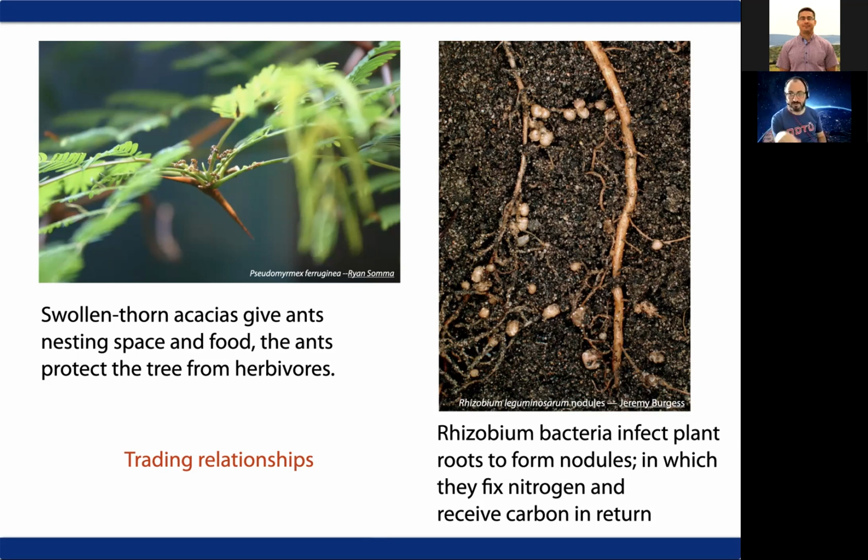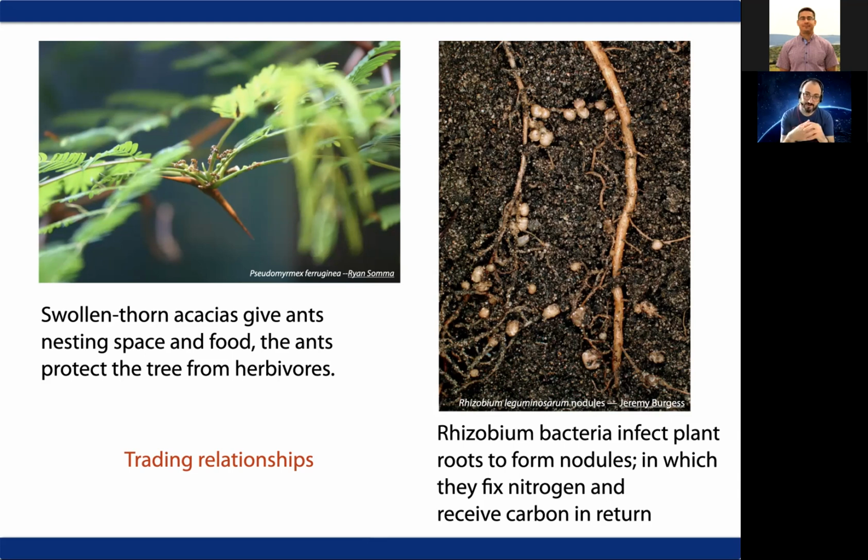Rhizobium infect the plant roots and lead to the formation of these nodules. And then inside these nodules, they actually inhabit plant cells. They go into plant cells, kind of like organelles. And within those cells, they fix nitrogen.